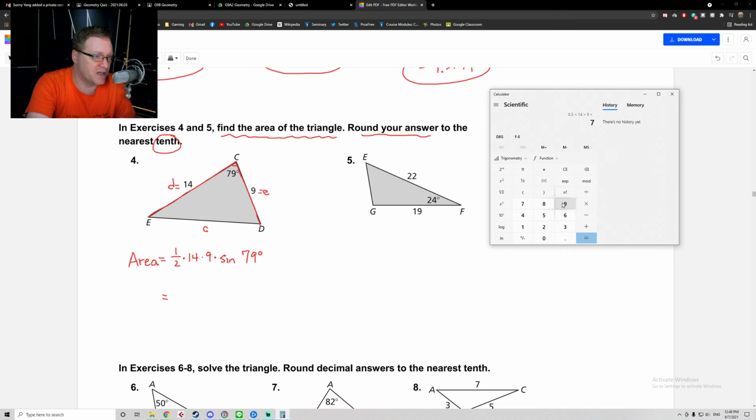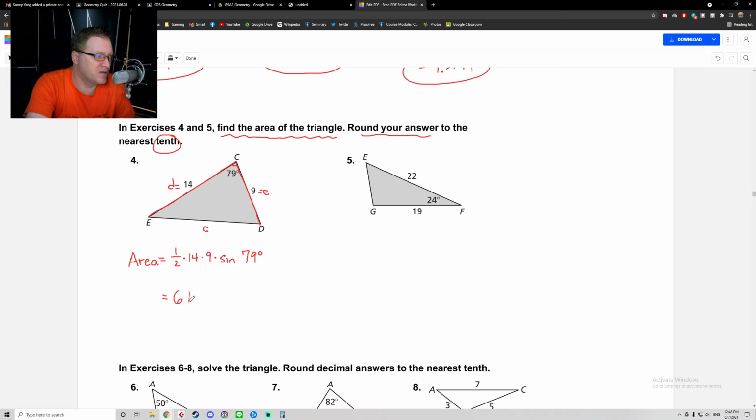We write 79, and we take the sine of it. Boom. When I hit equal, I get 61.8425. But we just need to round the answer to the nearest tenth. So this is going to be our answer, 61.8.